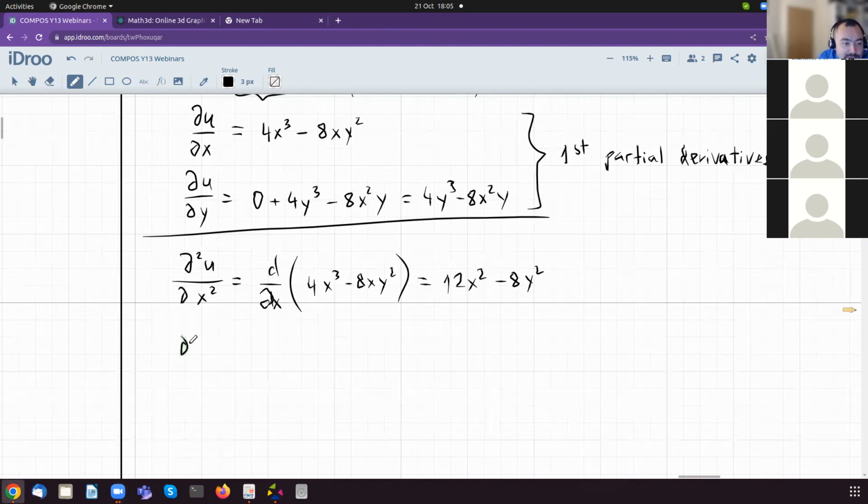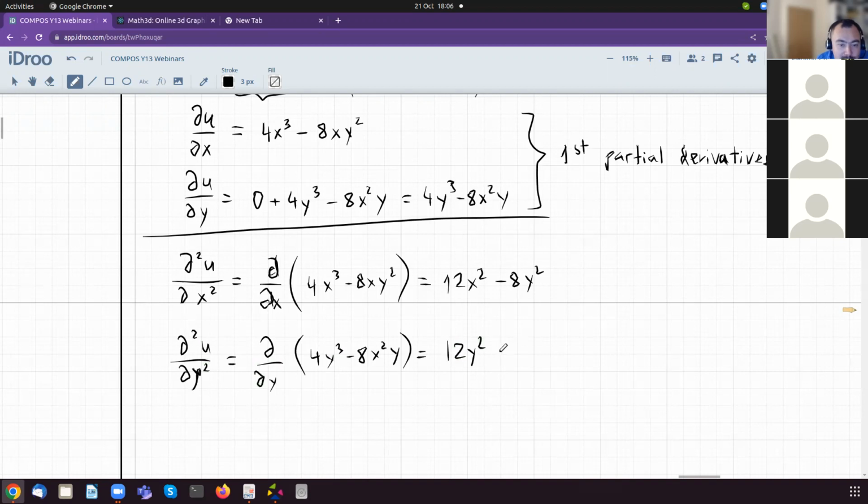Now we find the second derivative with respect to y, d squared u over dy squared, that is the derivative with respect to y of this expression, 4y cubed minus 8x squared y. Apologies for my handwriting. And this is 12y squared minus 8x squared.